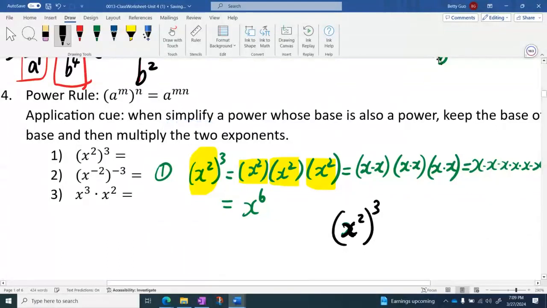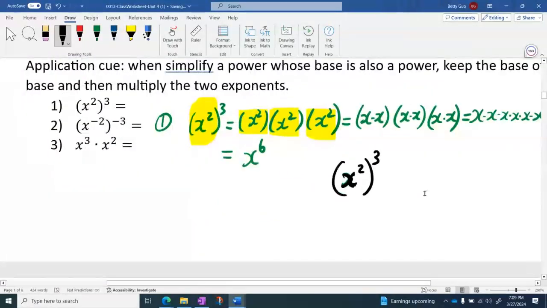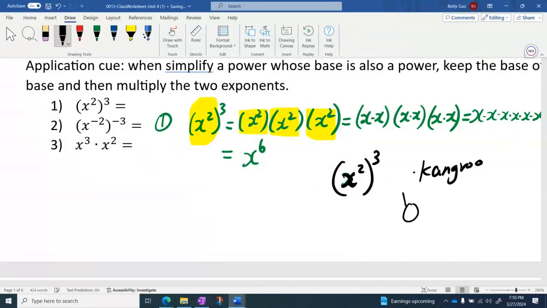We apply the power rule when we need to simplify an expression with a kangaroo structure. My spelling might be wrong, but you know kangaroo is a type of animal in Australia, right? My drawing is also bad.